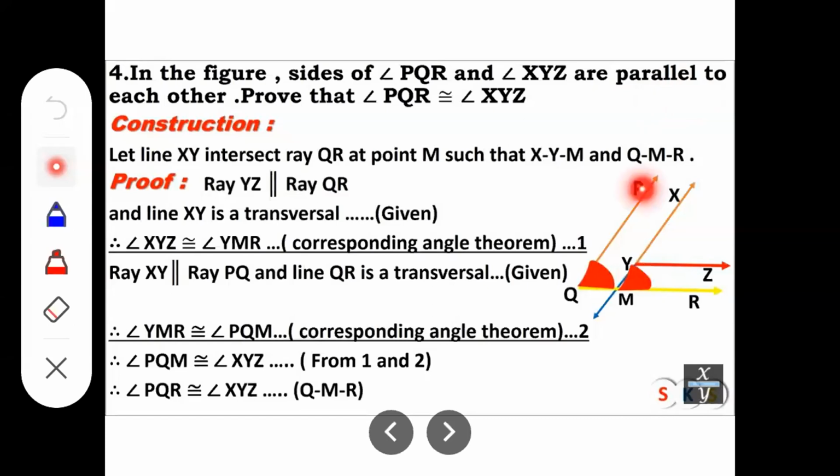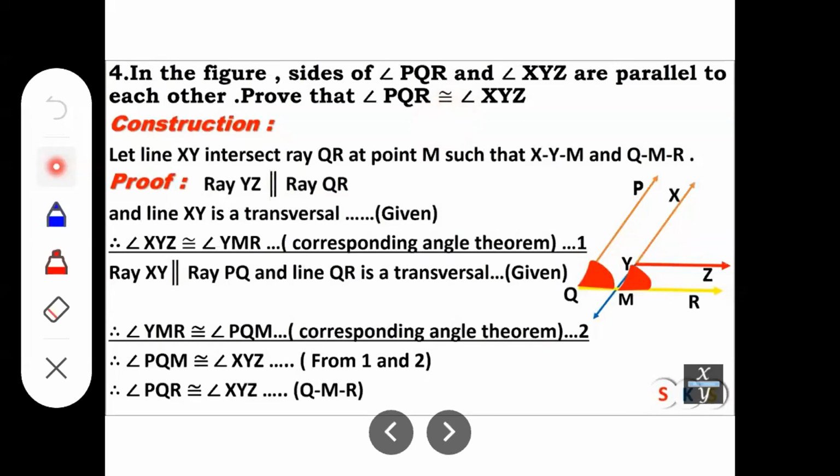So side PQ is parallel to side XY, and side QR is parallel to side YZ. We have to prove that angle PQR and angle XYZ are congruent to each other.